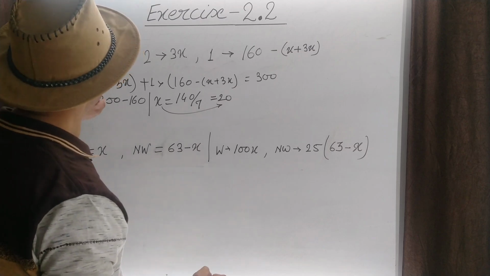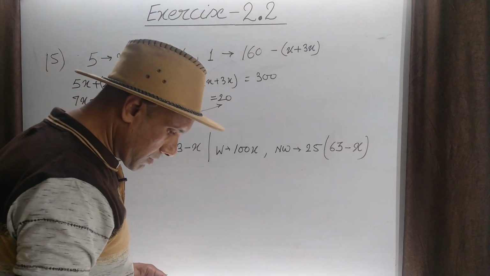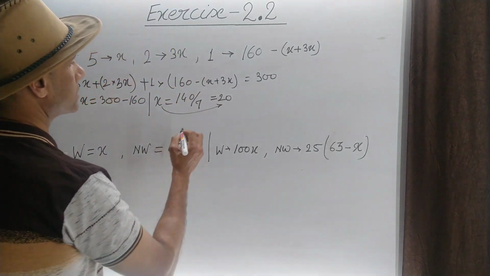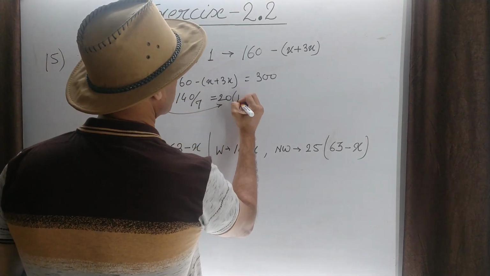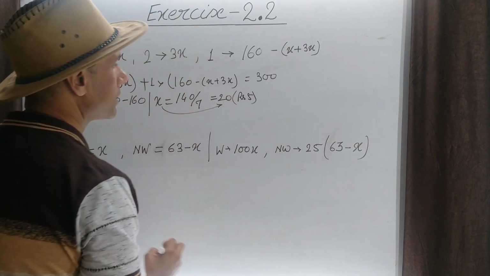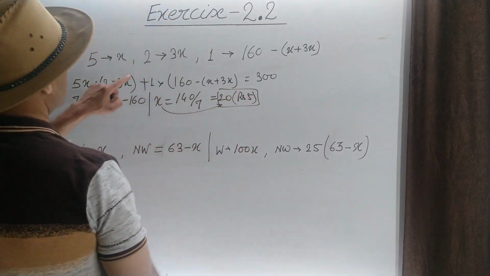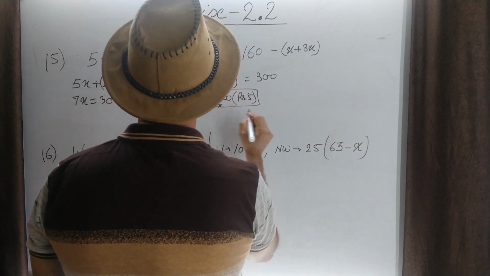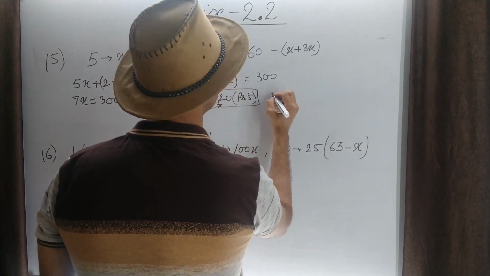And what is x here? x is the number of coins of denomination 5. So 20 is the rupees 5 coins. Okay, and rupees 2 coins will be 3x, that is 3 into 20, that will be 60.